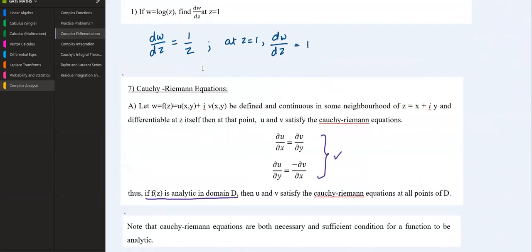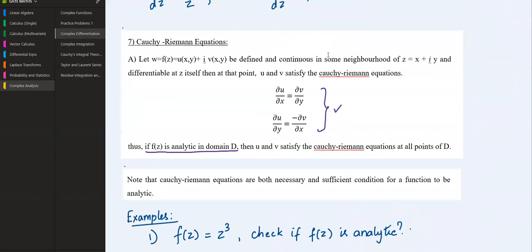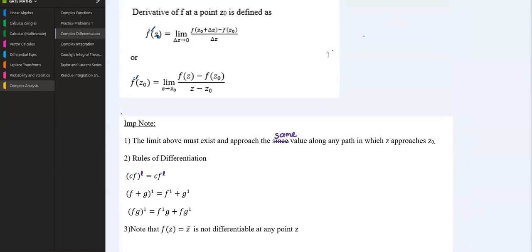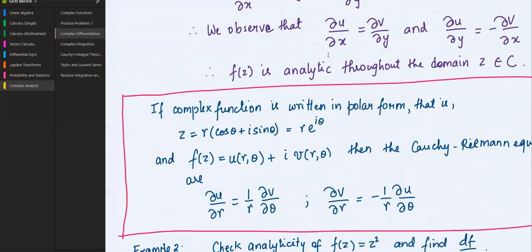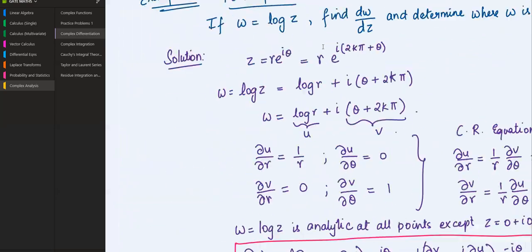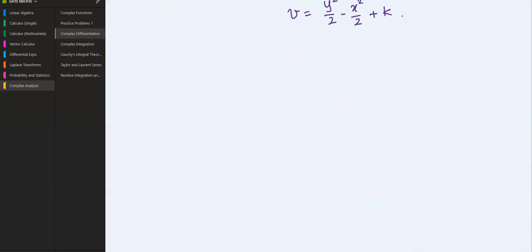In this, the Cauchy-Riemann equation is the most important part. If you just know this, mostly questions come on analyticity and the Cauchy-Riemann equation. All others are simple. So Cauchy-Riemann equation problems, we did a few.